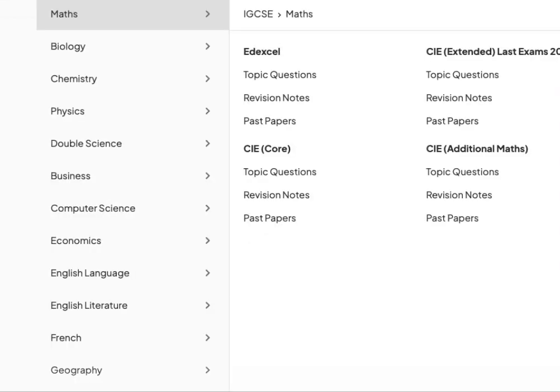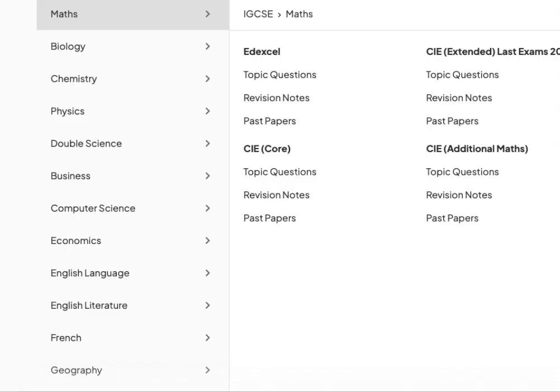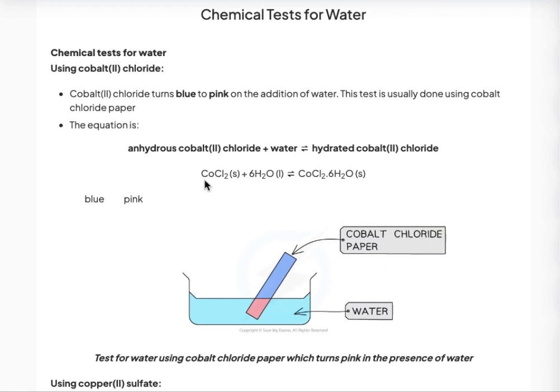Water is liquid. Cobalt 2 chloride is also solid. So these are the state symbols.